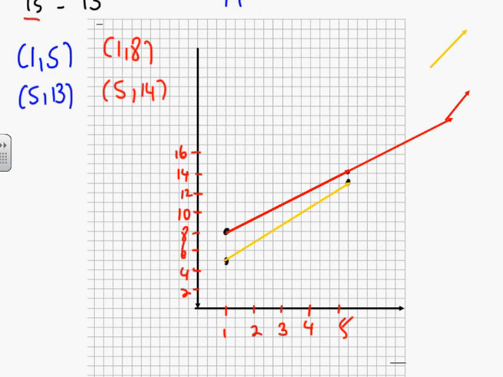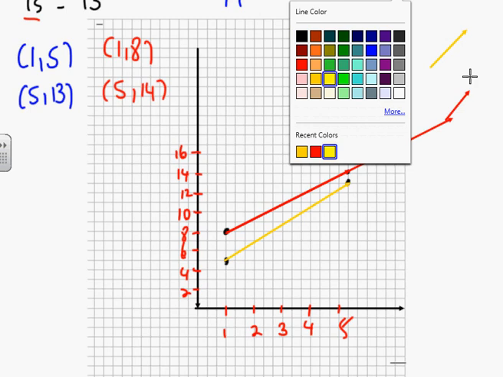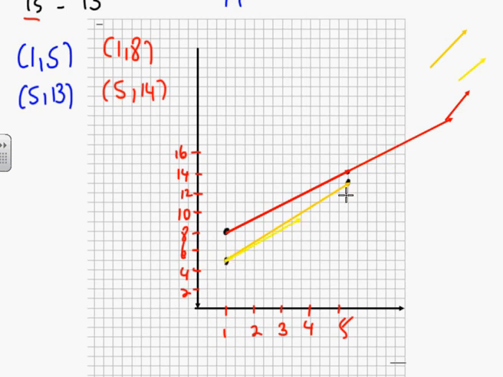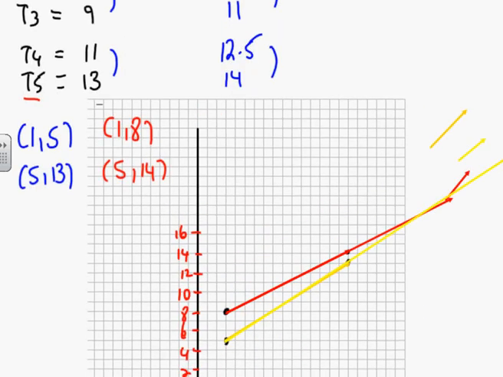So if I keep continuing onwards, it's about out there, isn't it? Okay, so let me find out. That's 6, 7. Now what we're going to do quickly is keep counting down, okay?